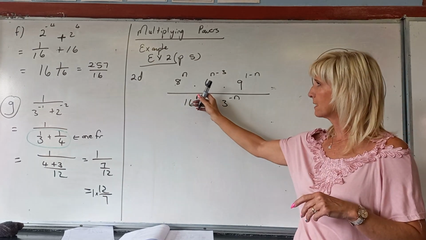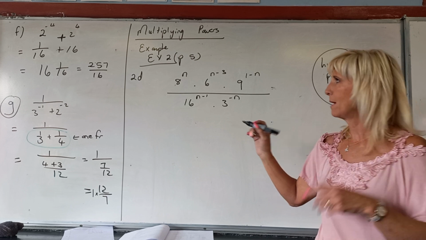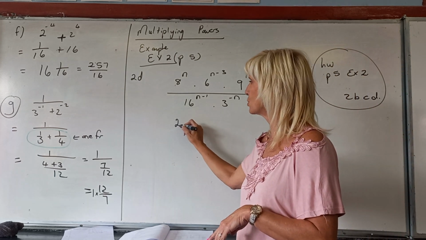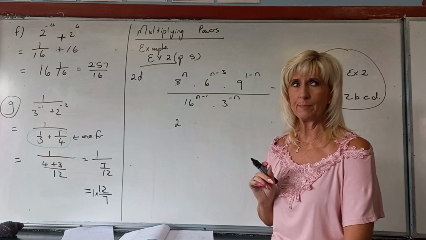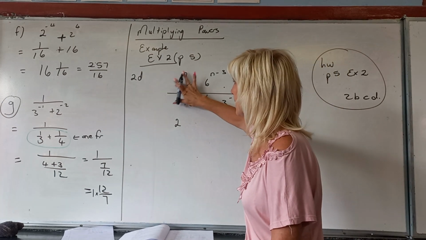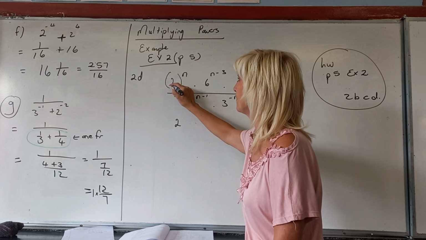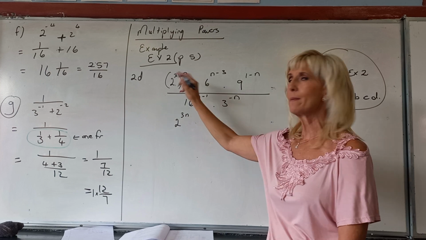All of these, 8 and 6 and 9 and 16, you have to go to prime numbers. So that'll be 8 is 2 to the 3. But now, actually, I want to be a little bit lazy and say, let me make the 8 there already a 2 to the power 3. Then this will be 2 to the 3n because I'm multiplying it.